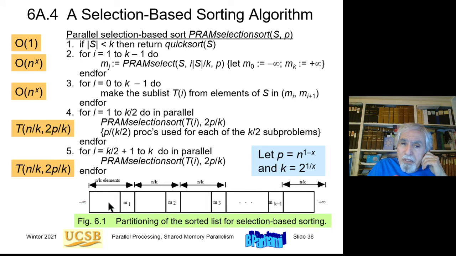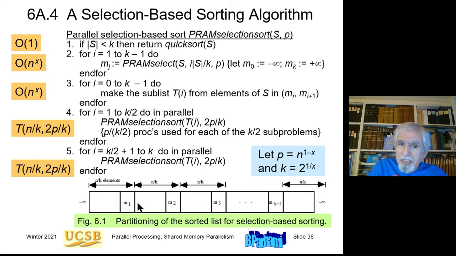And then I put all the elements that are less than this M1 into this part of the list, all the elements that are between M1 and M2 here, and so on. And then I separately sort these sections of the list.